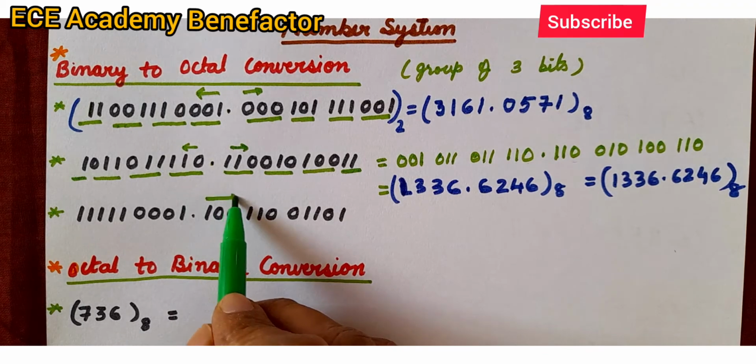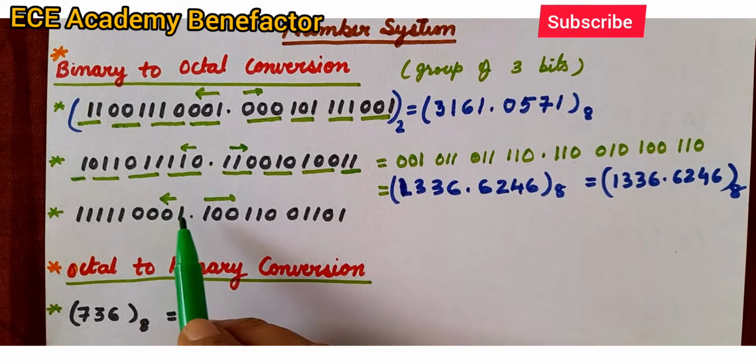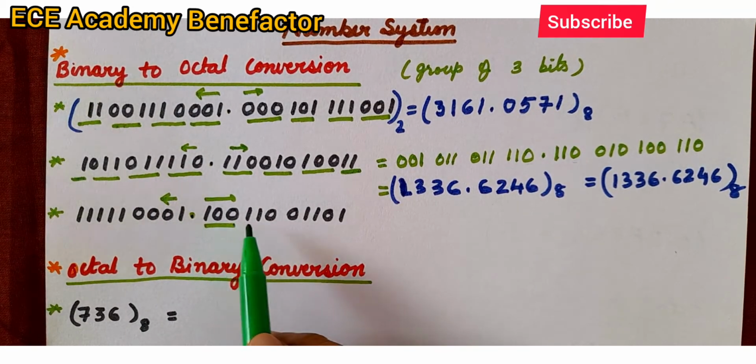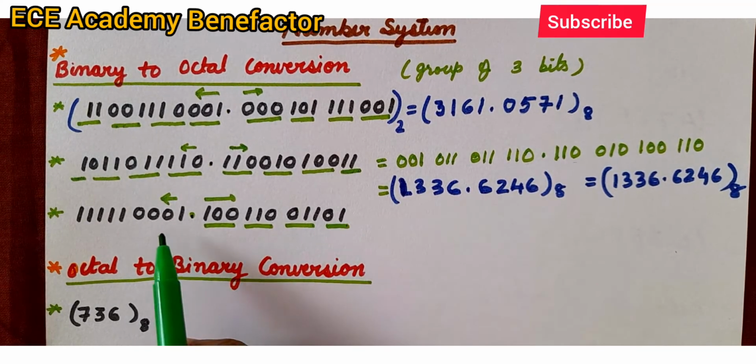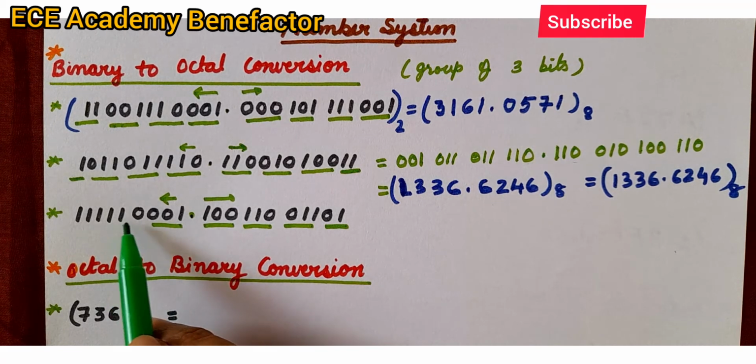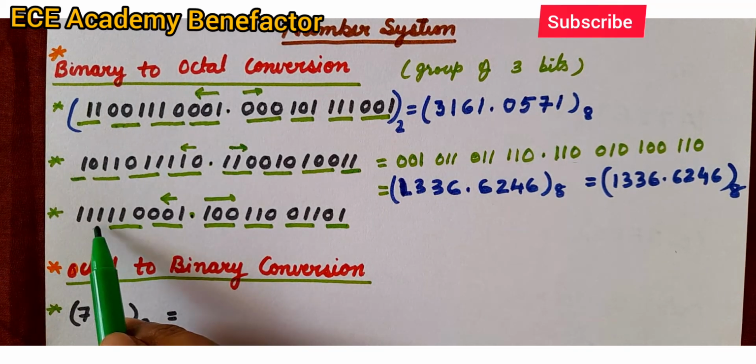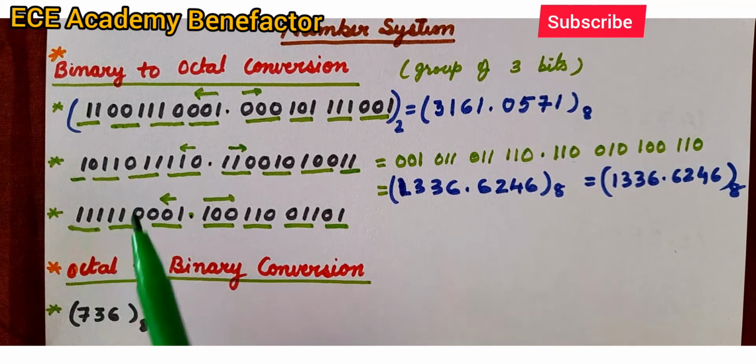Start grouping 3 bits from here. You have to traverse in the opposite direction from this, 3, 3, next 3, and you are left with only 2 bits here. 3, 3, and here 3.